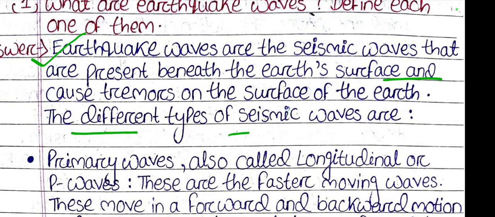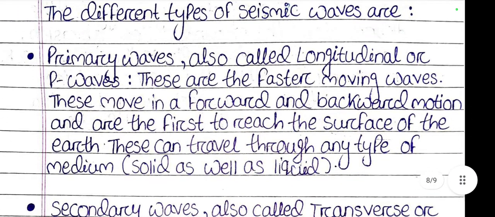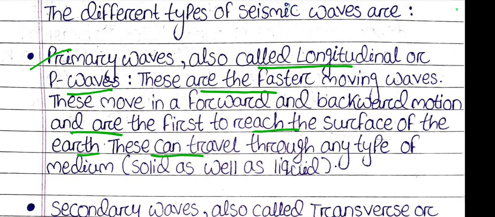The different types of seismic waves are, first, primary waves. Primary waves are also called longitudinal or P waves. These are the faster moving waves. These move in a forward and backward motion and are the first to reach the surface of the earth. These can travel through any type of medium, solid as well as liquid.